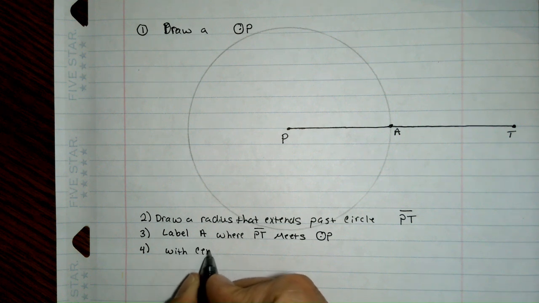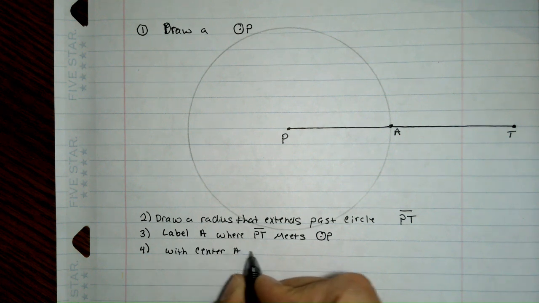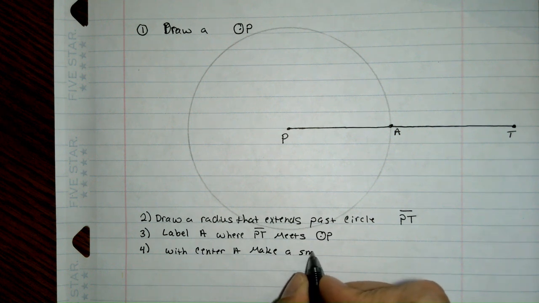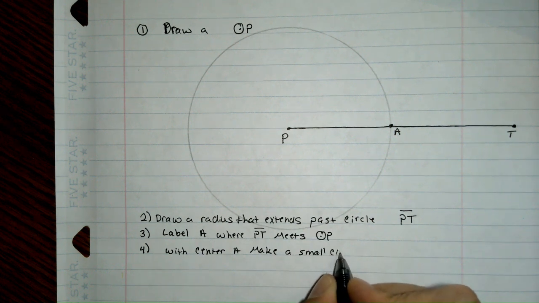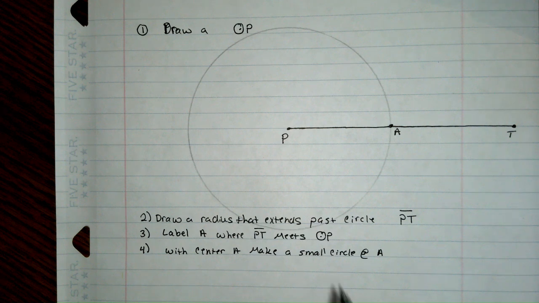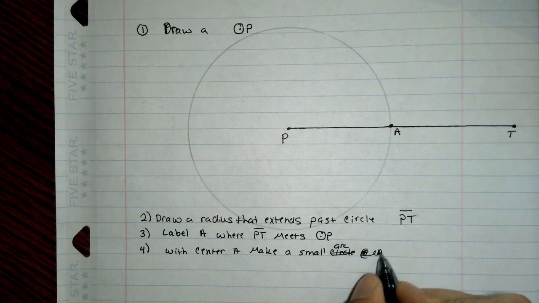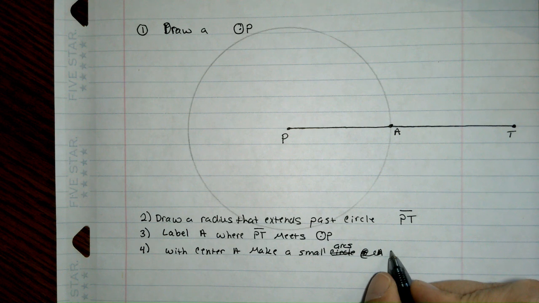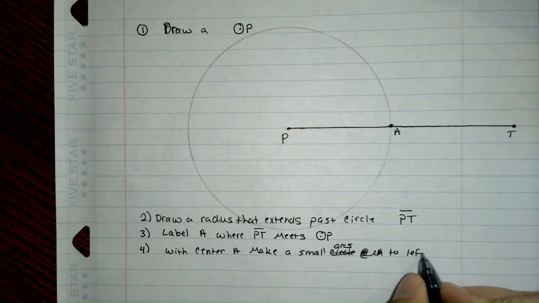With center A, make a small circle at A. Not even a small circle. Small arcs. Small arcs to the left and right of A.